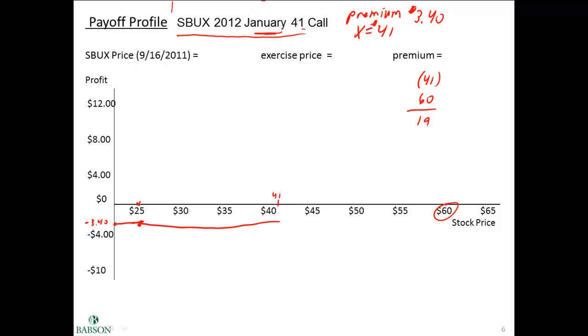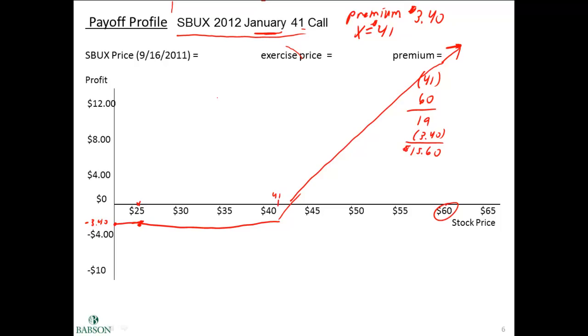Of course, you have to reflect the fact that you paid $3.40 for the right to do this. So you're going to end up with a total profit of $15.60. So that would be up here somewhere. So anything at or above the strike price of $41, that would cause your losses to go down or profits to increase.